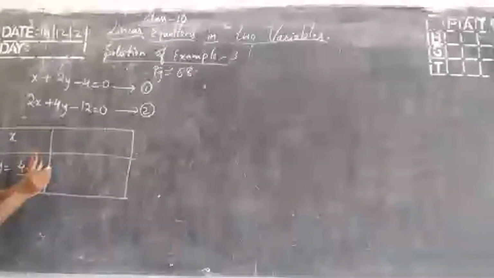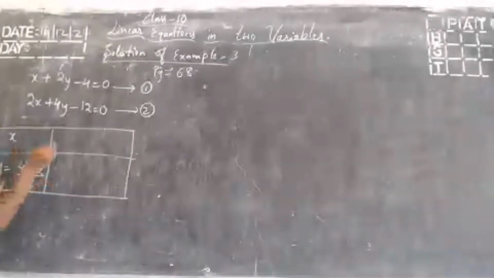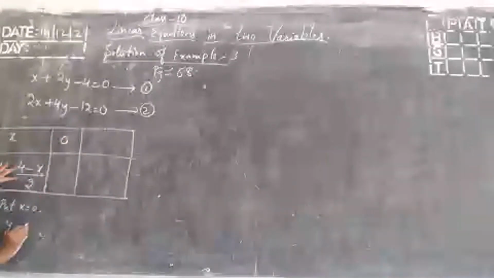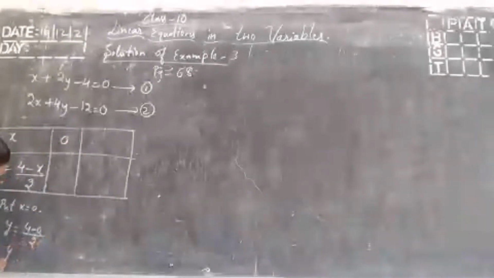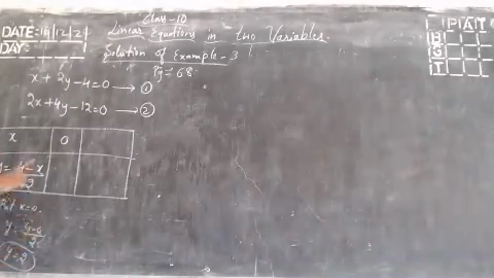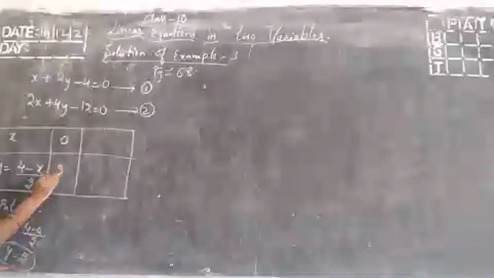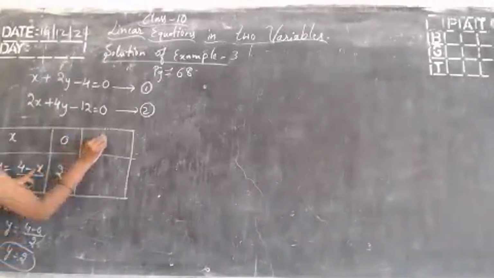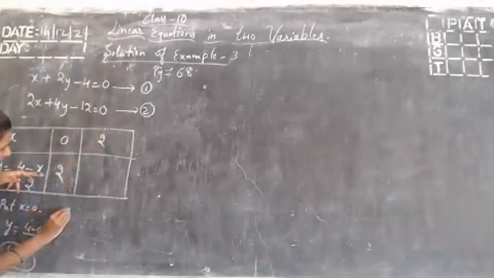Put x is equal to 0. Easy. So y becomes 4 minus 0 by 2. So y is equal to how much? 2 2s are 4. That is y is equal to 2. Understood? Next, what is the value of y? 2. See here, if you put 2 here, x is 0. Okay, if you put 2 here, put x as 2. What does it become?